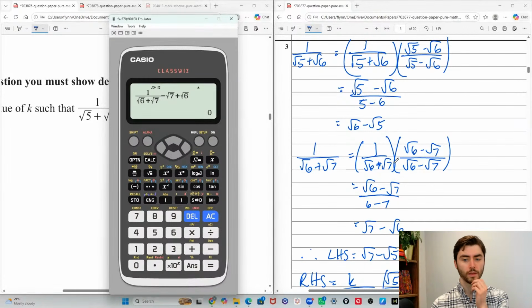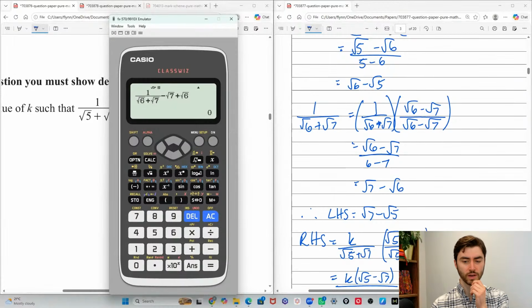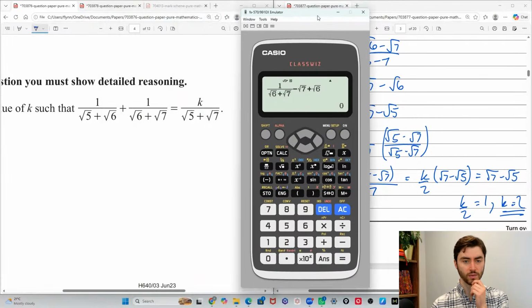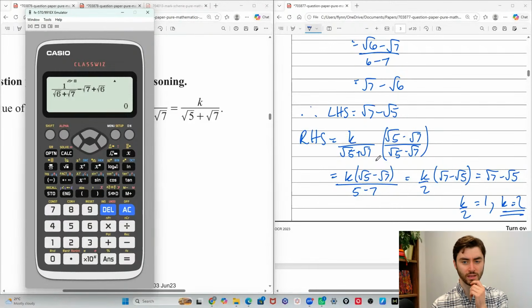So minus root 6 plus root 6 cancels, minus root 5. So the left-hand side should be that. The right-hand side, I'm not sure I disagree with what I did, though.